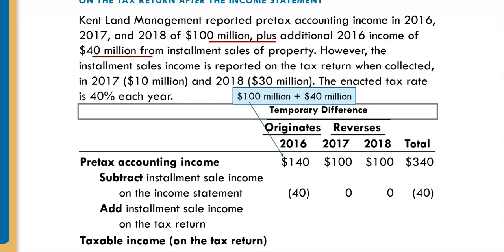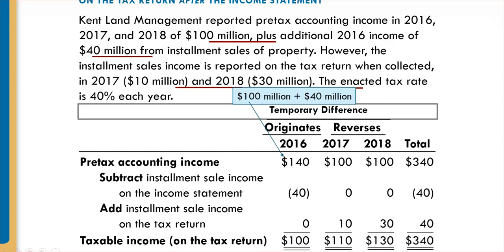Perhaps that's helpful. And so the cash income in this case is 100 million. Now this is really simplified, and I'll say that here because there's only one item that's a difference.